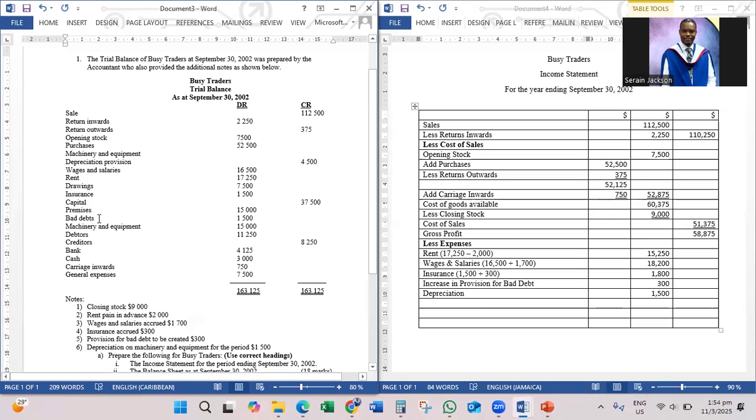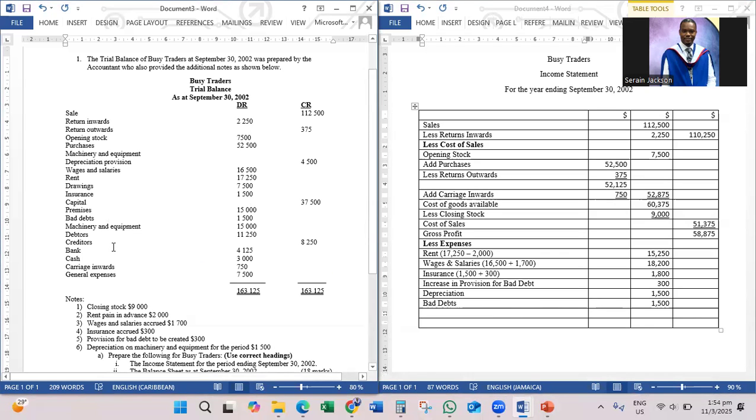Premises is not an expense, but we're going to use that in the balance sheet. Bad debt is an expense that we did not use. We used provision for bad debt, but not the bad debt itself. So that's 1,500.